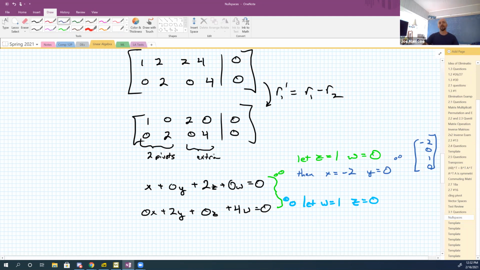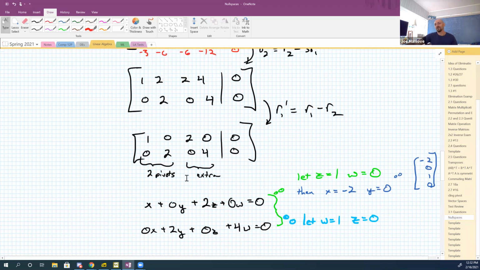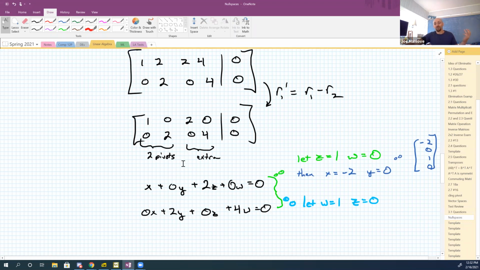This is essentially what's going on here: I have two equations and four unknowns. You recognize that's what I started with. So if I started with two equations and four unknowns, there were going to be at least two free variables, right? There might have been more. There could have been four, in the case that both equations were all zeros.